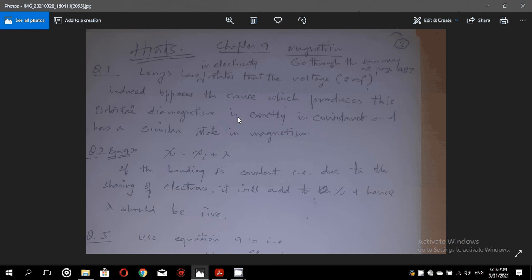So orbital diamagnetism is exactly consistent and has a similar statement in magnetism. So if you want to elaborate this answer, you can do that. Okay, now question number 2.